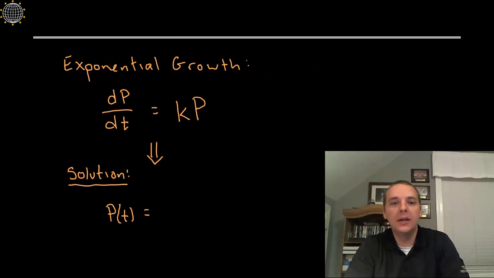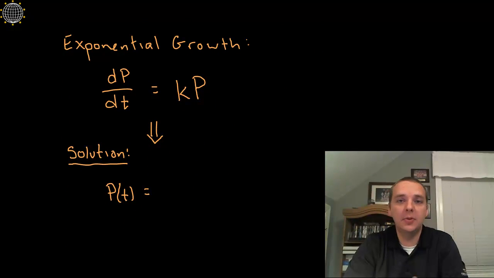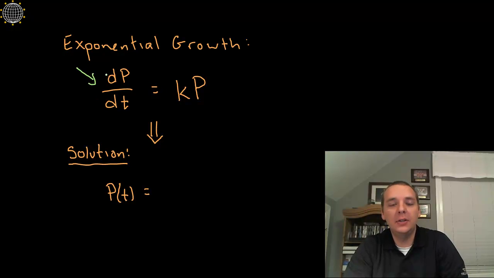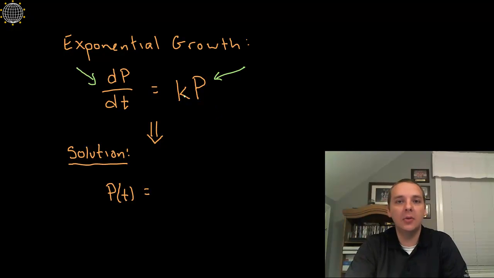Okay, so here's where the math comes into play. If you were to write that as an equation, here's what we have. We have the rate of change of a quantity over time is proportional to the size of that quantity. And when we say proportional, we mean within some scalar multiple of whatever that quantity is. So this is what we call a differential equation.